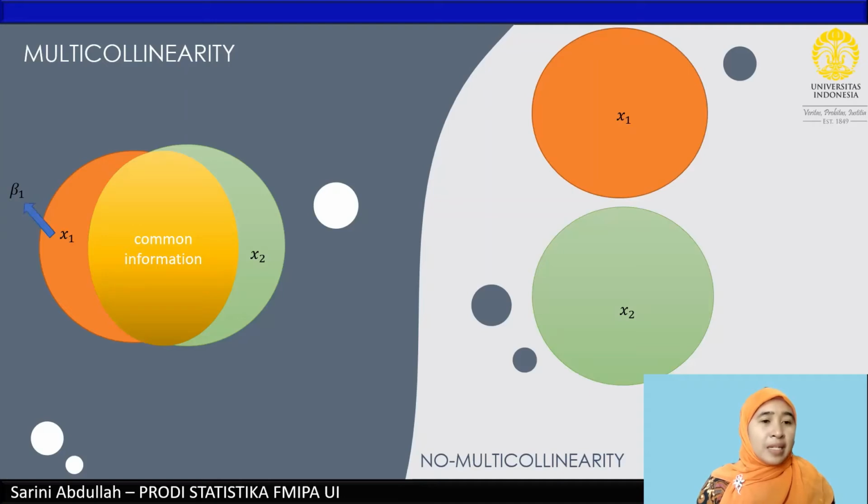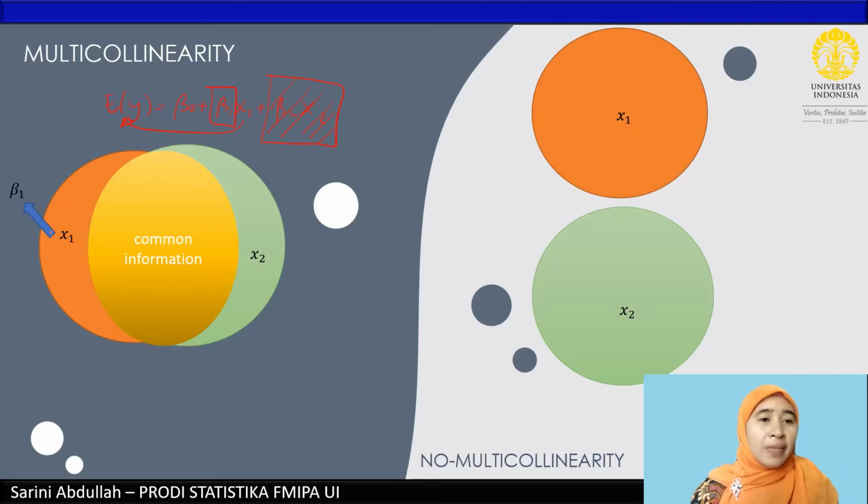So what is the amount of beta 1 in the case of multicollinearity? Remember that when we have the model, expected y equals beta naught plus beta 1 x1 plus beta 2 x2, the interpretation is that beta 1 is the contribution of x1 in explaining y after taking into account the contribution from all other predictors in the model.